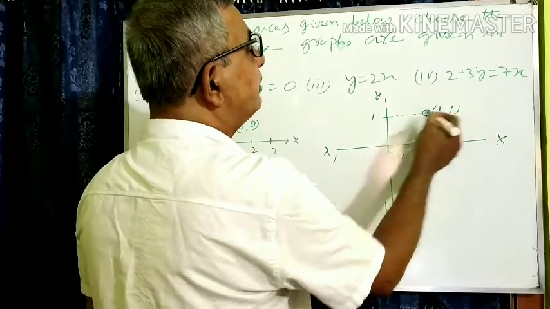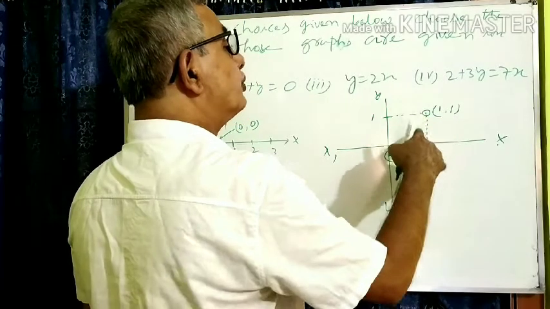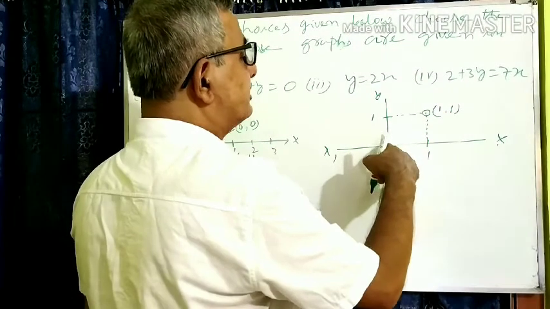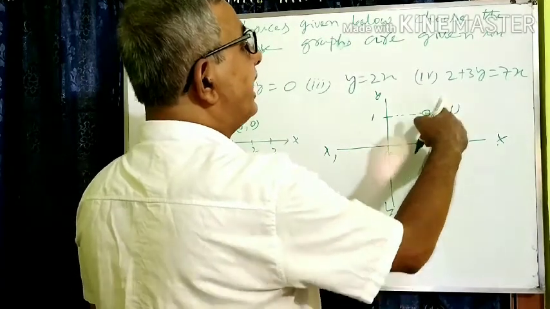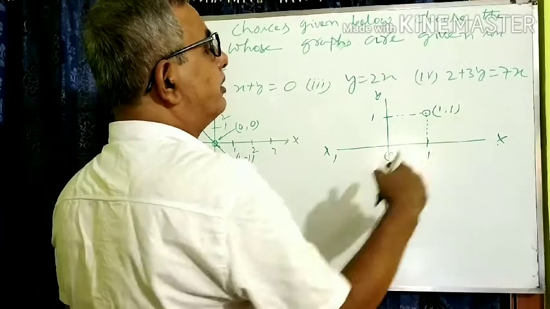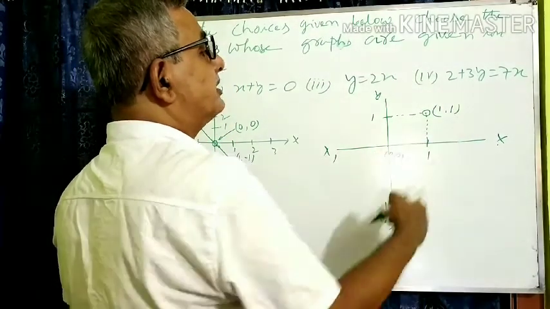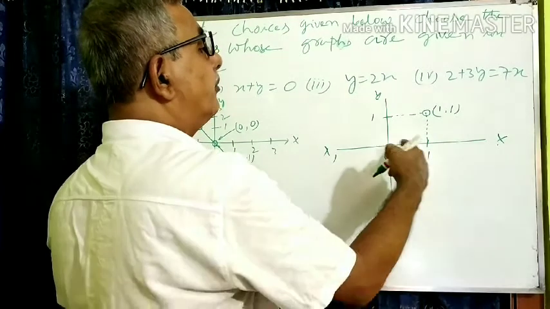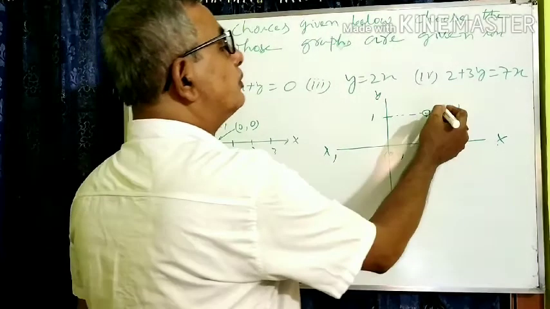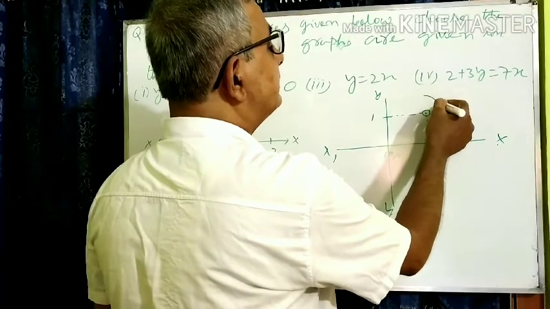So you see, the distance of the point from the y-axis is taken as the x coordinate. And the distance of the point from the x-axis is called the y coordinate.